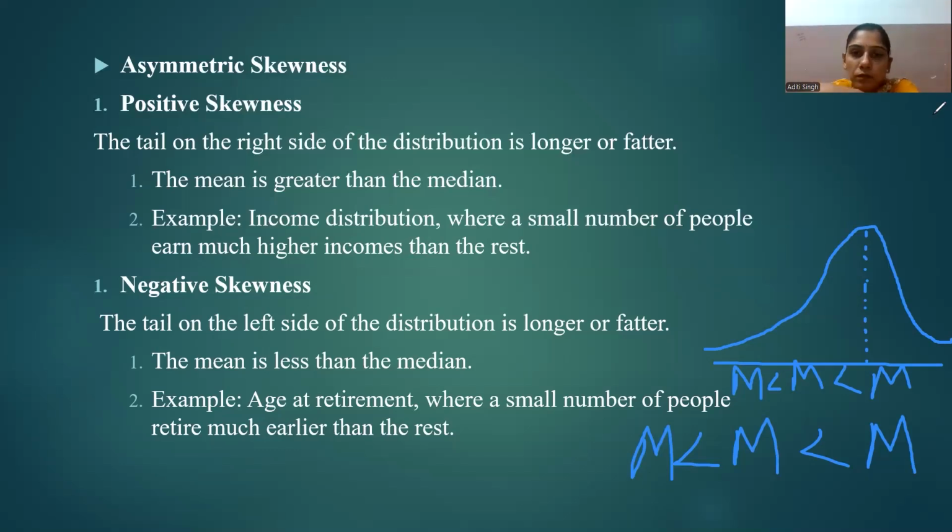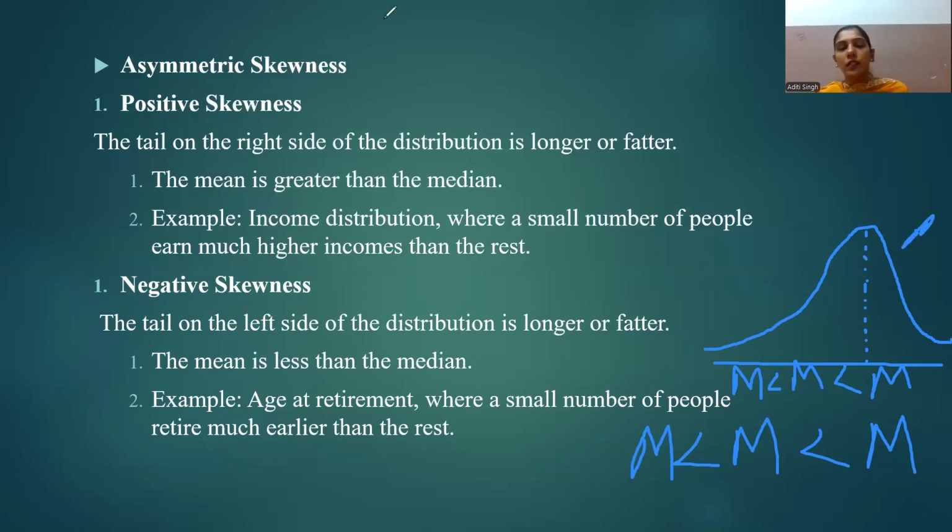As positive skewness creates a long right tail, similarly negative skewness creates a long left tail, which is fatter towards the left side.